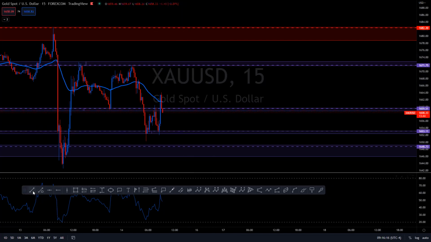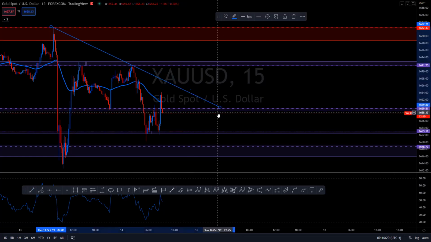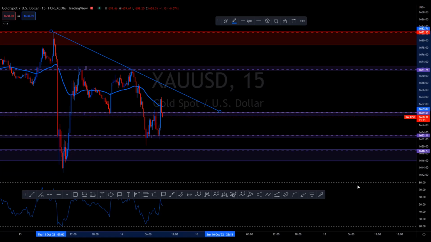Looks like it's dropping. That's what it looks like. It's like a sell. I'm probably going to go for the sell and wait for the next candle.